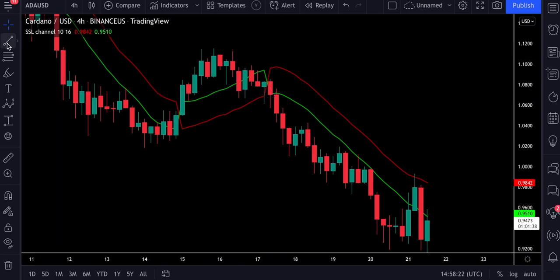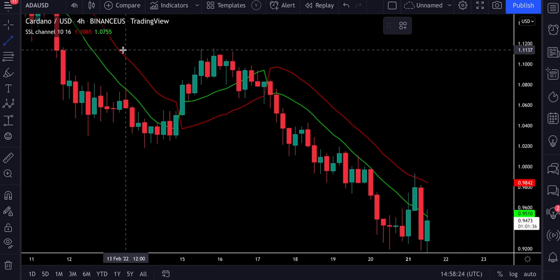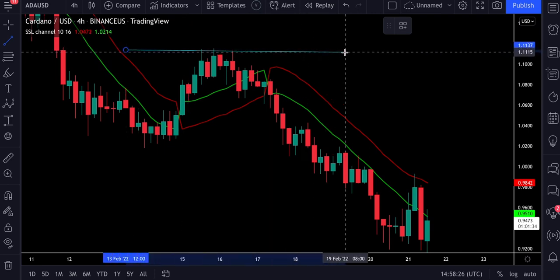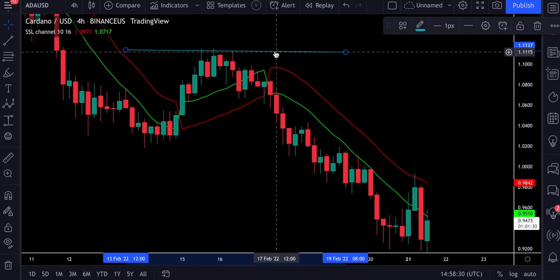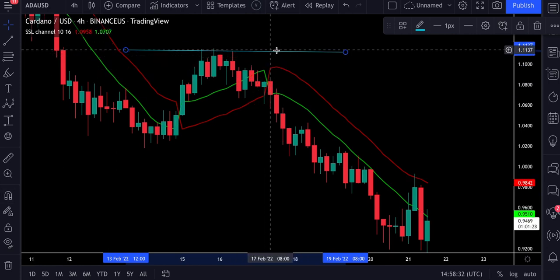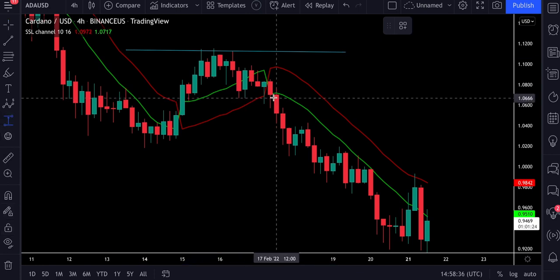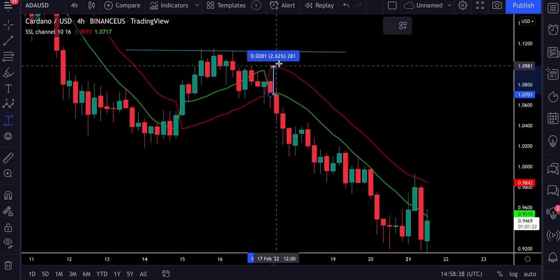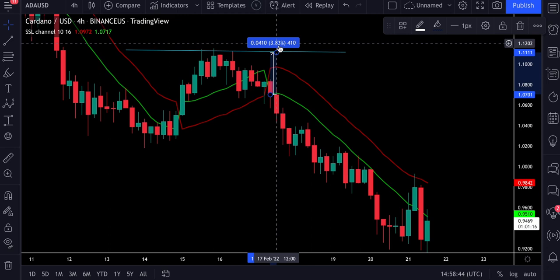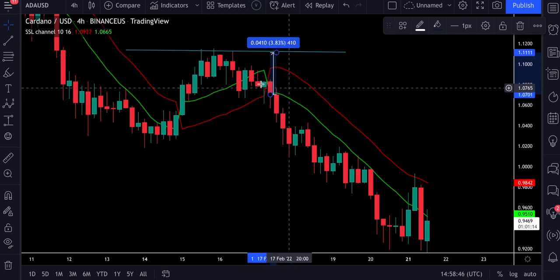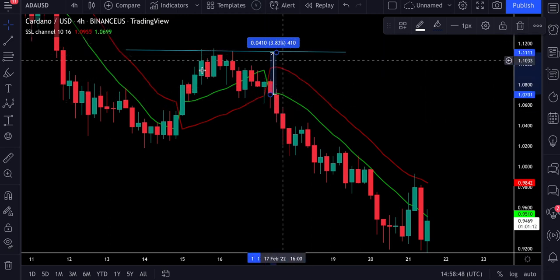Where would they put their stop loss? They would probably draw a resistance line somewhere here, and this is the area where they would put their stop loss. Let's take a look at the price range, and that is roughly 40 pips away, or a 3.83% loss in case the price moves against them.